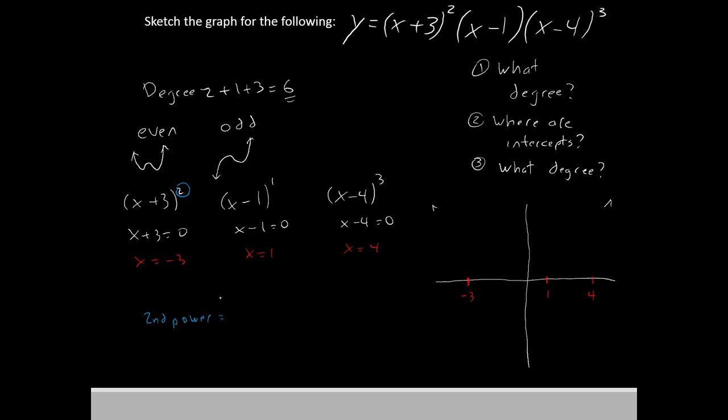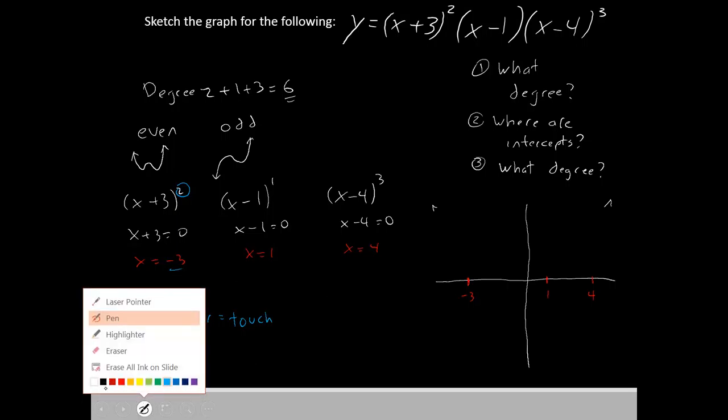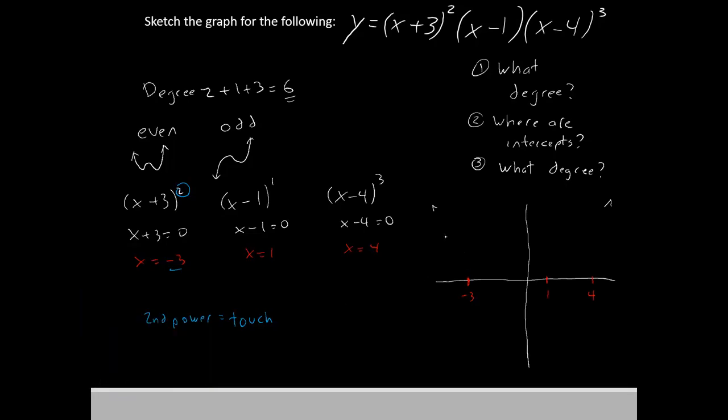And if you have a second power on that piece, that means that the graph will touch, but not cross, at that coordinate. Our coordinate is negative 3, so let's try to draw that. So at negative 3, the line will come down, it'll touch negative 3, but it's going to come back up. It's not going to cross through.